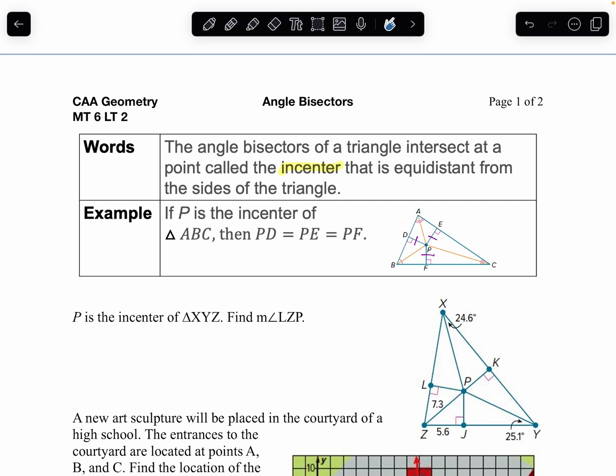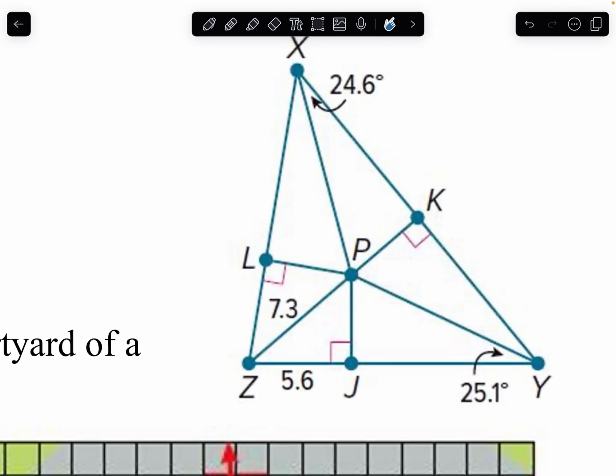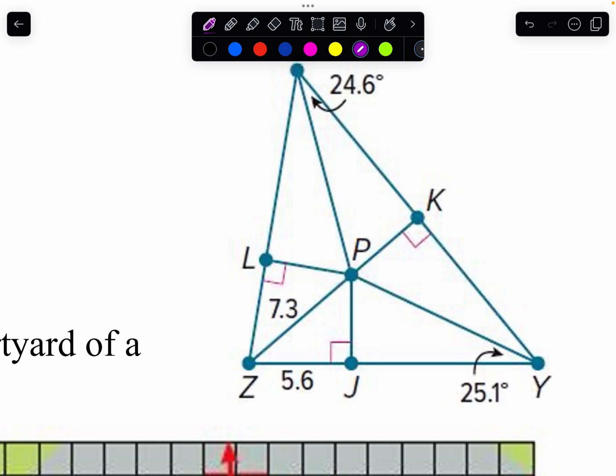We're told that P is my incenter. That means I've got angle bisectors. So in other words, where I've got angle ZYP, it is 25.1 degrees.